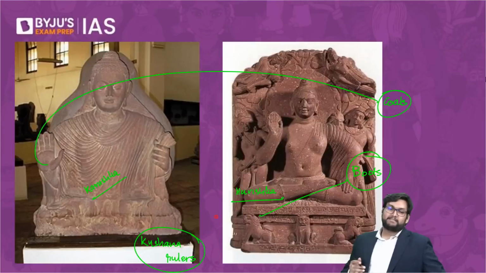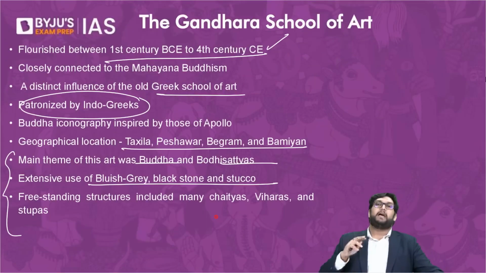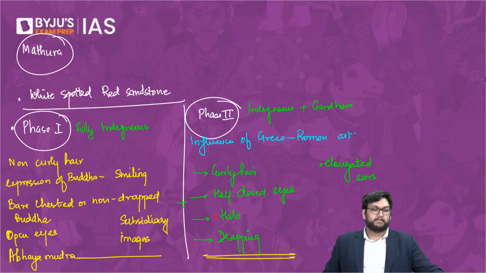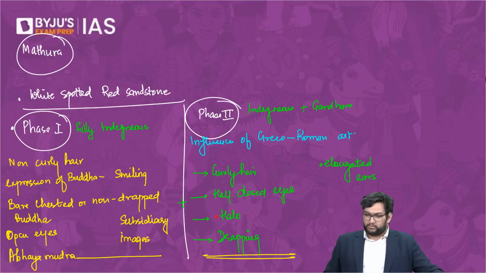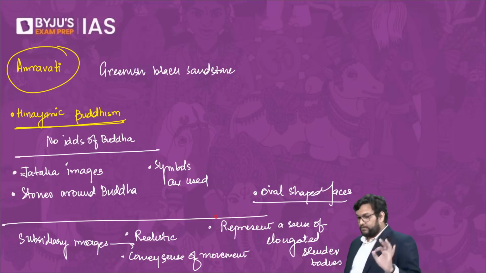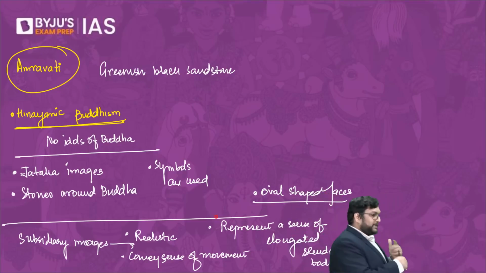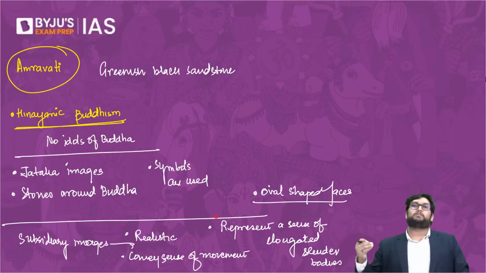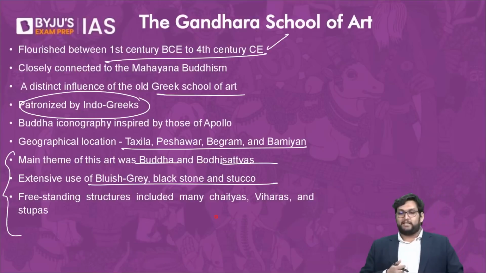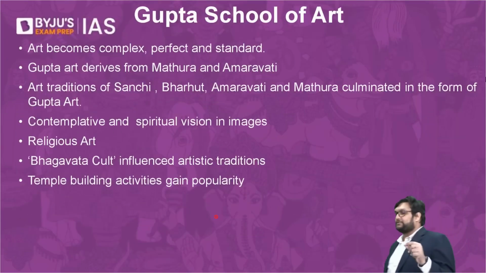Now, we have discussed the three main schools: Gandhara, Amravati, and Mathura. Anybody has any issue here? What makes Gandhara Gandhara? What makes Mathura Mathura, which is phase 1, phase 2? And what makes Amravati Amravati? Schools clear? Perfect. Now, in the Gupta period, they all start to consolidate, and they all consolidate into what is called as the Gupta school.